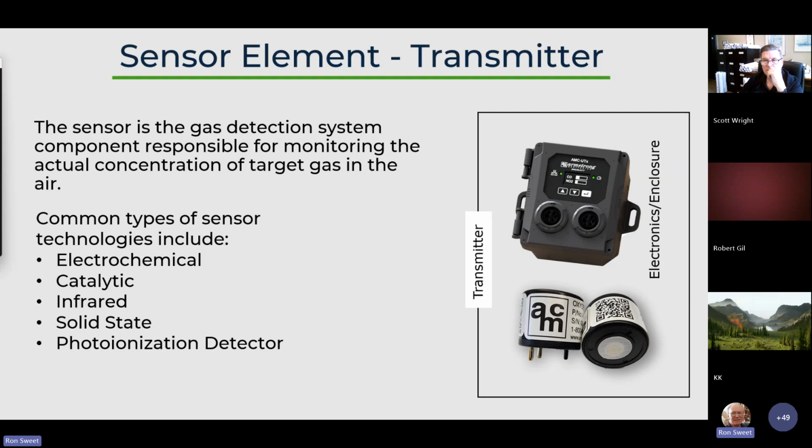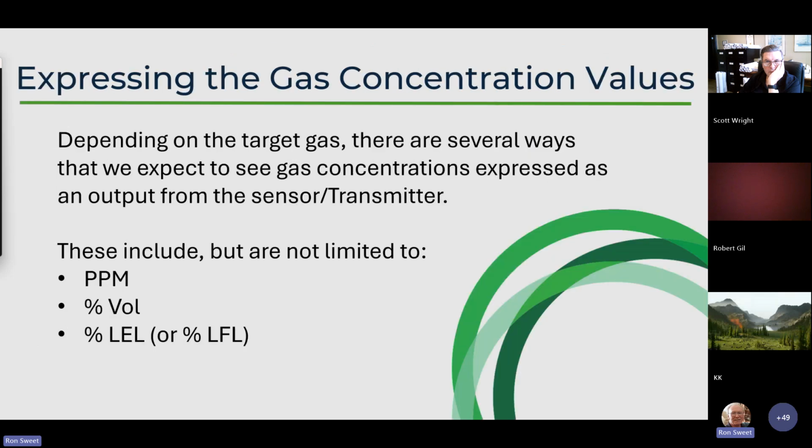When those VOC molecules are ionized, they can be collected on a positive plate inside that little tiny sensor cell, which again upsets the resistance and causes more current to flow. And again, that minute current is amplified by the gas detection transmitter so that it can be transmitted over a distance to a control point for the ventilation system.